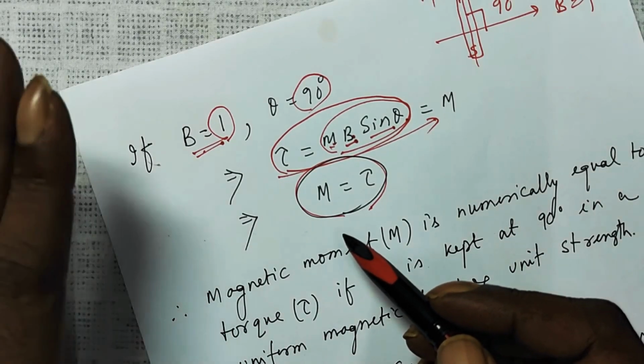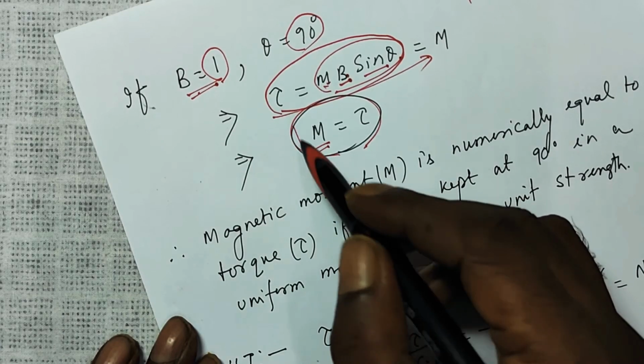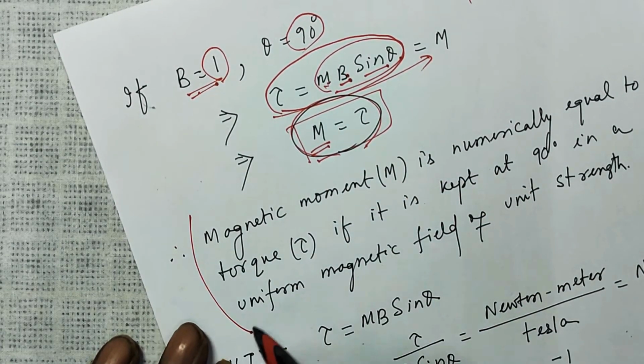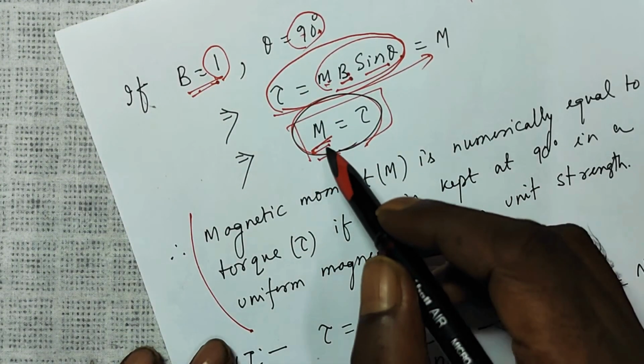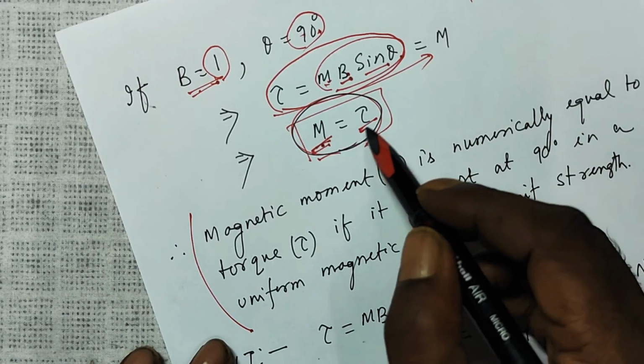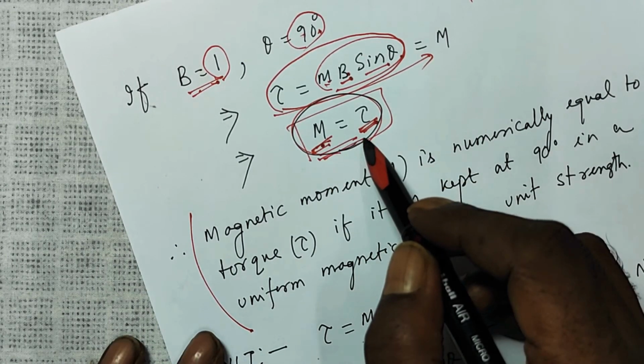This is a technique to define the magnetic moment. So let us translate this into English with these conditions. That will be the definition of your magnetic moment M. So what do you say? Therefore, magnetic moment is numerically equal to the torque. Magnetic moment is not torque. This is the technique to define.